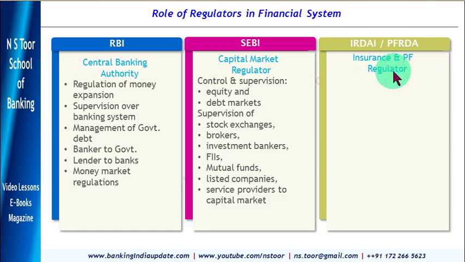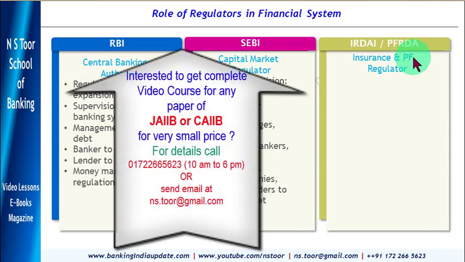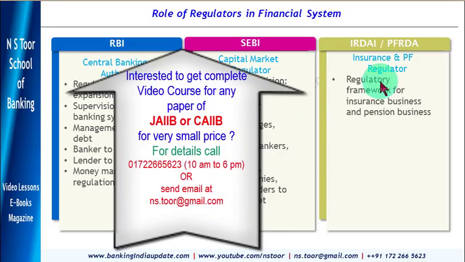So they are regulators of insurance and pension fund system. So they provide regulatory framework for insurance business and pension business, and they also supervise over insurance business and pension business.